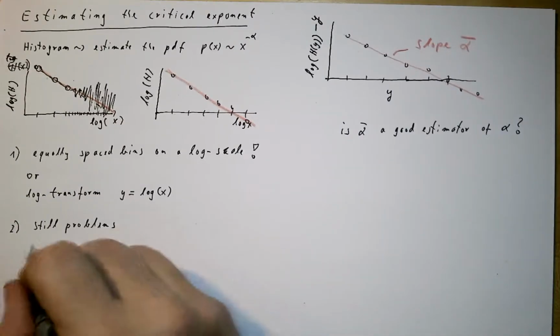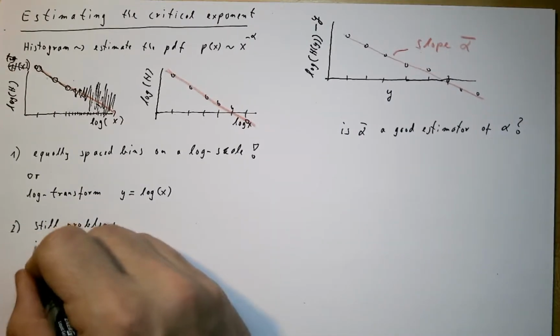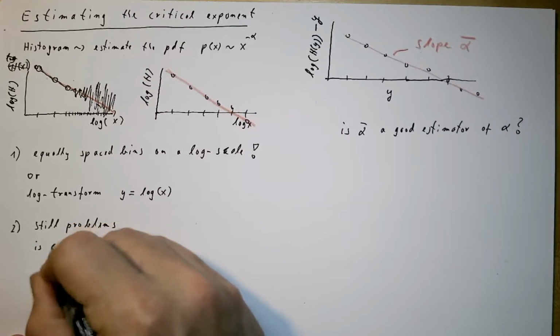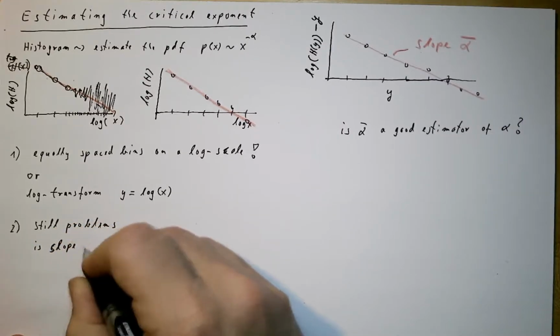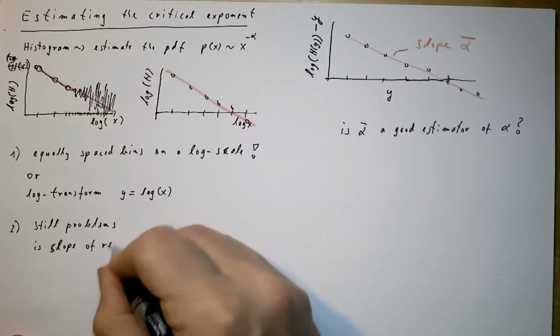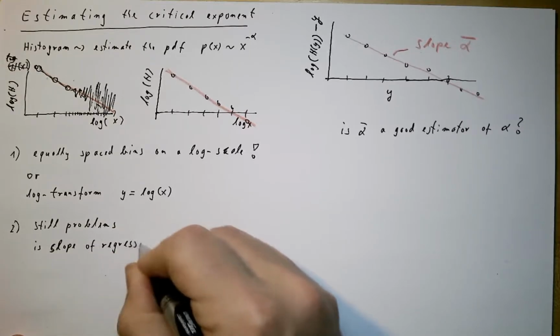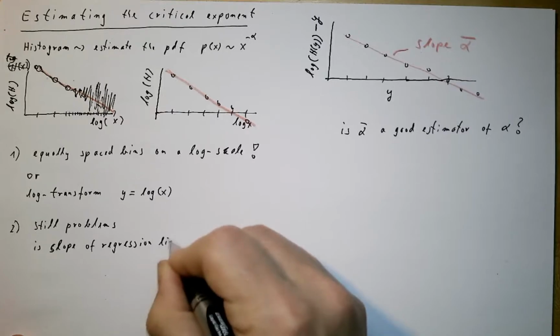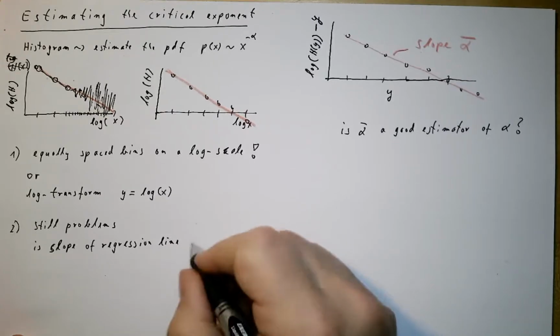Is the slope of a regression line a good estimator?